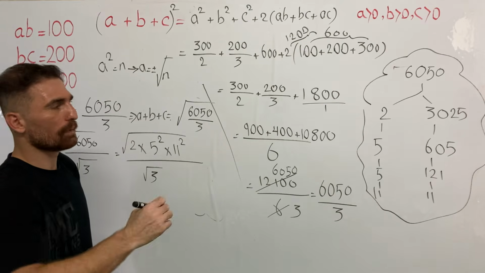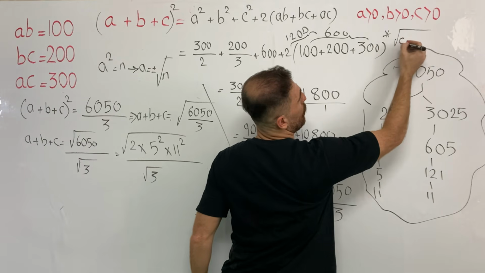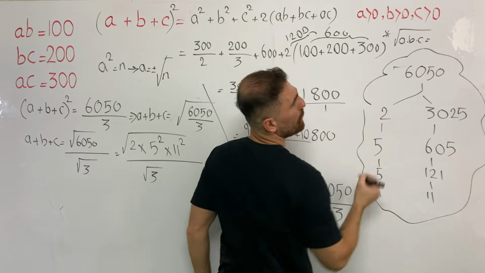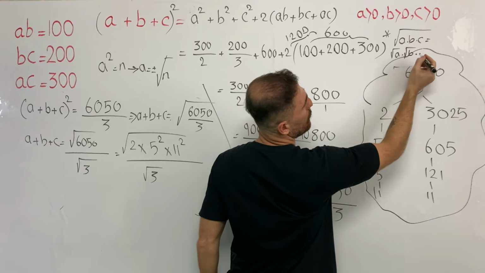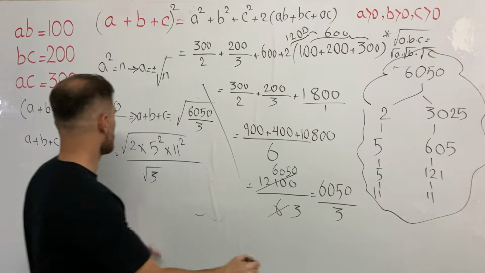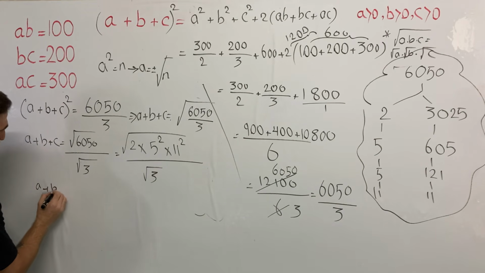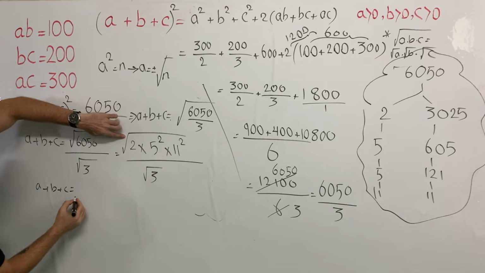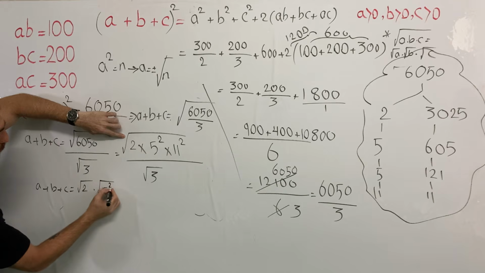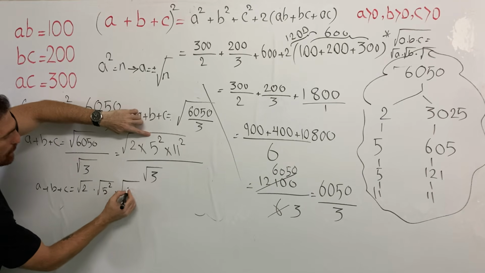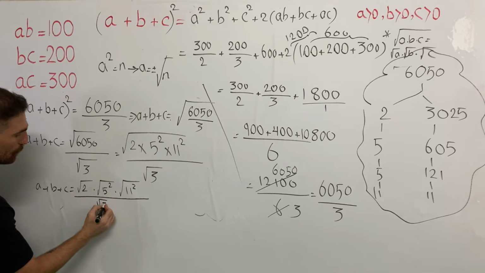Next step, next math rule that says second root of a times b times c can be written in the form of second root of a times second root of b times second root of c. So I'm going to rewrite it. A plus b plus c is going to be second root of 2 times second root of 5 to the power of 2 times second root of 11 to the power of 2 over second root of 3.